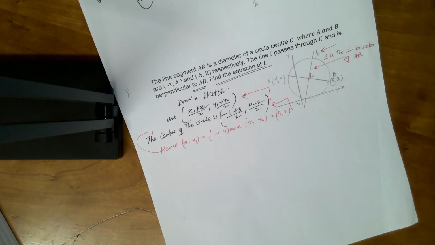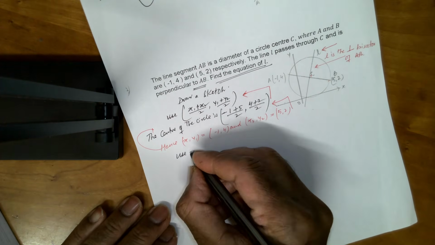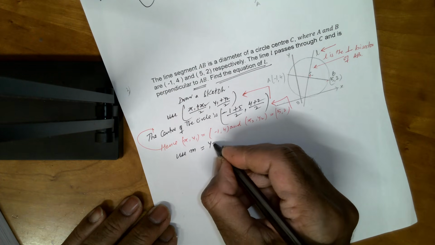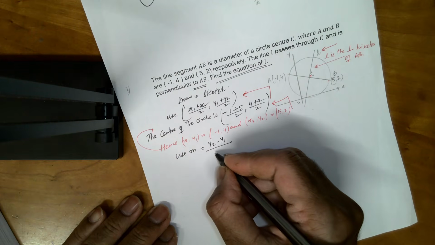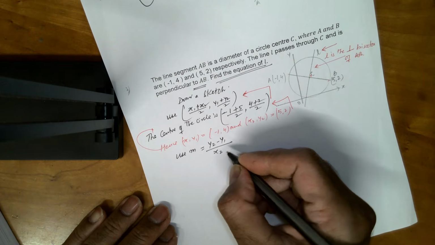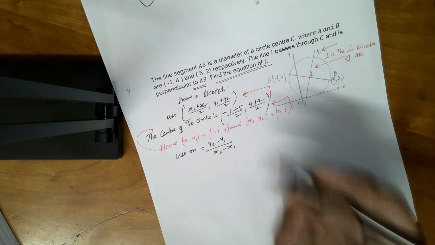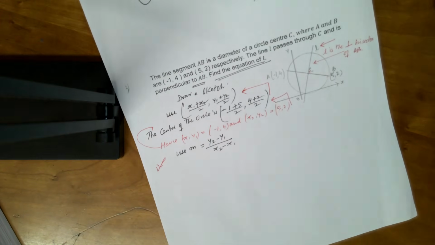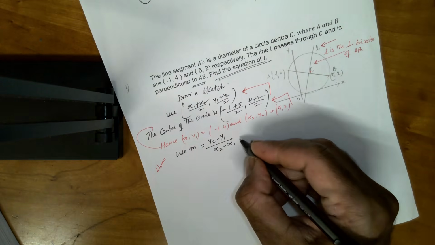Now what we will do here, we will use m, which is gradient, y2 minus y1, and that's divided by x2 minus x1. As I said to you, watch my previous video for gradient. Those are the formulas for gradient.